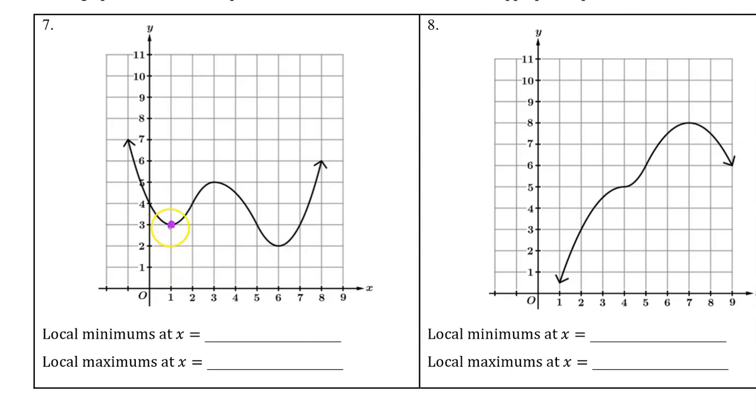There's one at the bottom of this valley here and the one here, where the graph changes from decreasing to increasing. So that's at x equals 1 and x equals 6. We have one local maximum at x equals 3. That's where the graph changes from increasing to decreasing.